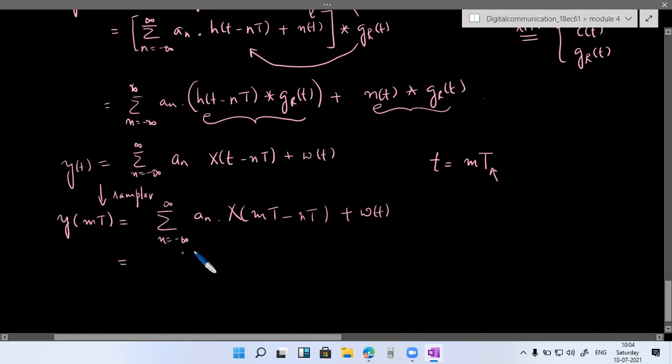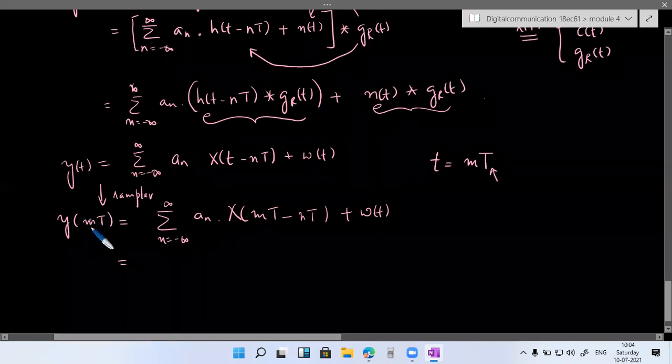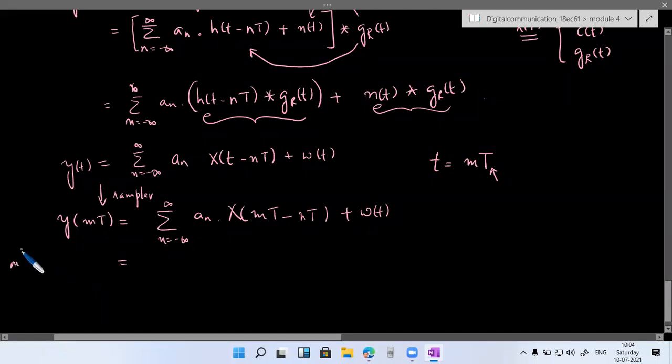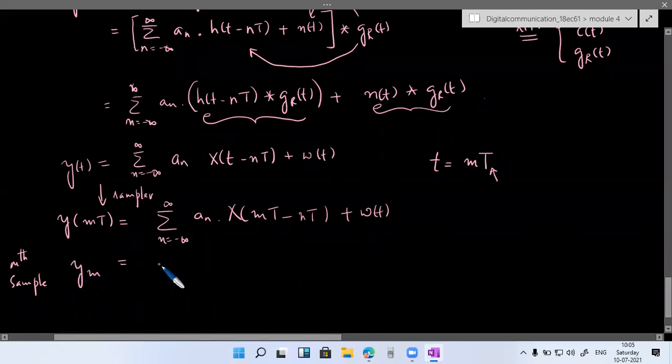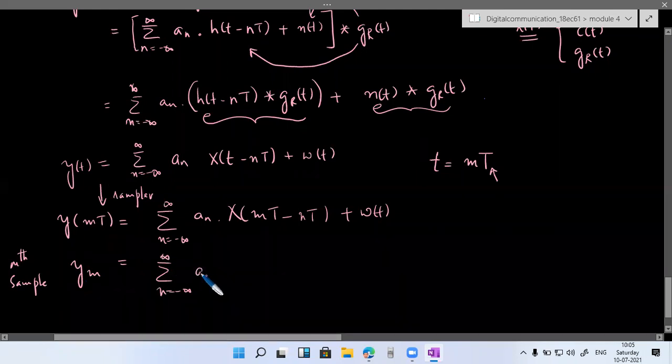So over here, I can rewrite this. Let me consider a sample value out of this. Let me consider the mth sample, that is equal to y subscript m, and in turn this is equal to summation n starting from negative infinity to positive infinity of a_n x_(m minus n) plus w_m.